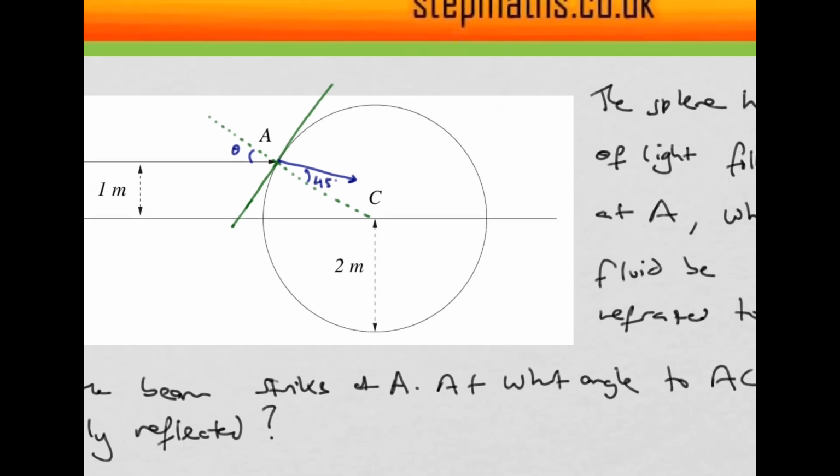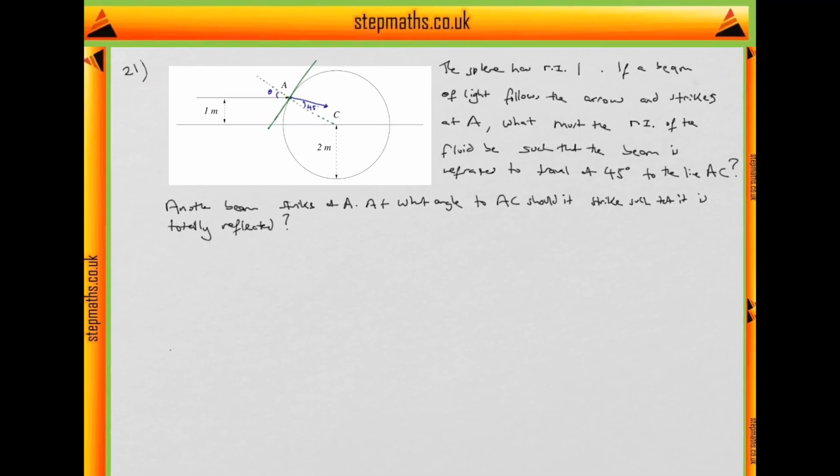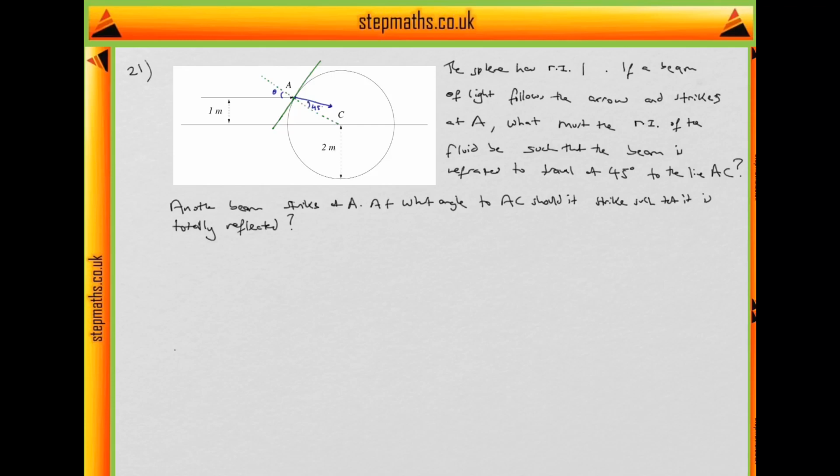So we know from Snell's law that n1 sine theta 1 is equal to n2 sine theta 2, where n1 and n2 are the refractive indexes of material 1 and material 2, and theta 1 is the angle of incidence and theta 2 is the angle of refraction. So in this case we know that n2 is 1. We've been told the sphere has refractive index 1. And we know theta 2 is 45 degrees, so sine theta 2 is root 2 over 2.